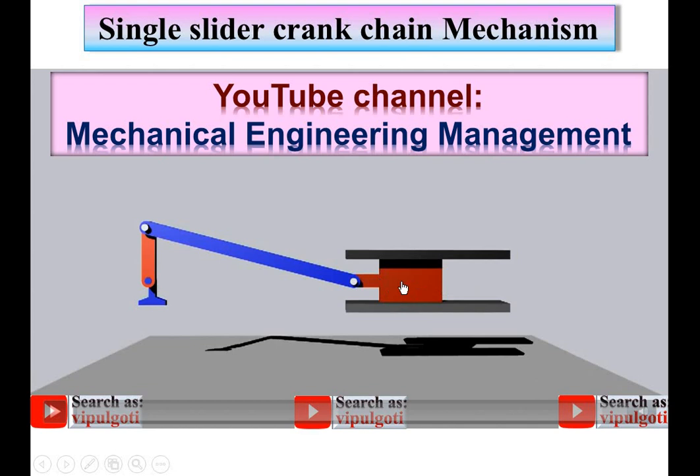You can see in this figure the piston having sliding motion, whereas the crank has rotating motion. And the crank has two positions. Near to the piston is known as inner dead center, and away from the piston is called the outer dead center.